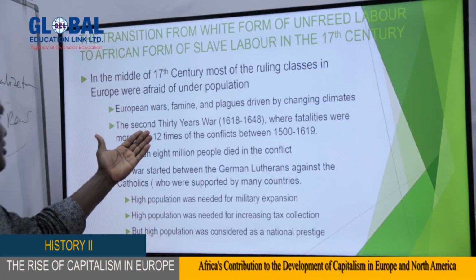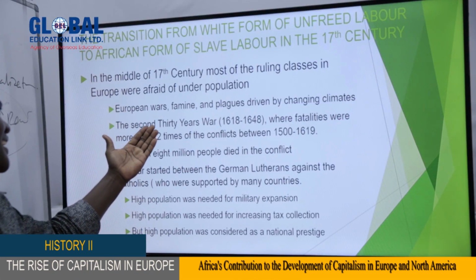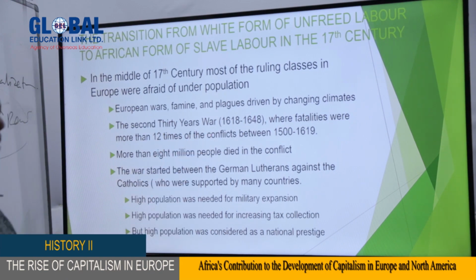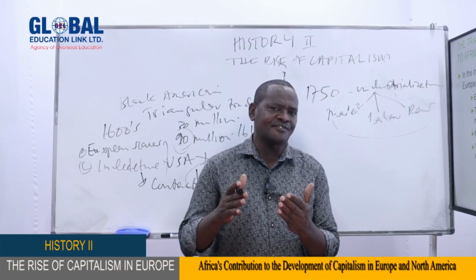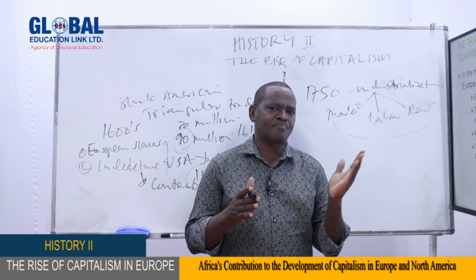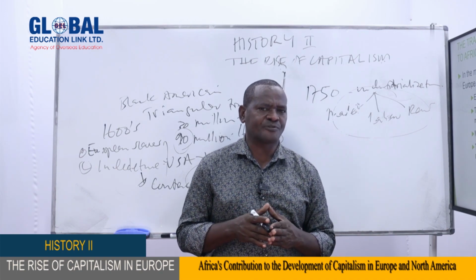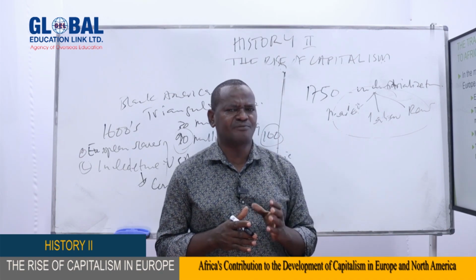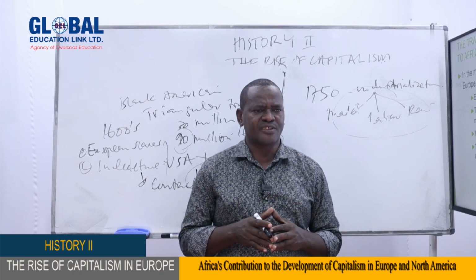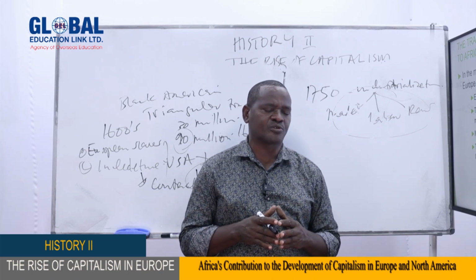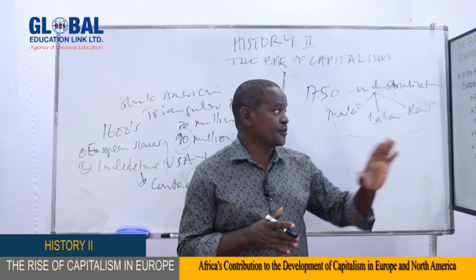For instance, one of the wars we call the Second Thirty Years' War, because we know there is the First Thirty Years' War, the one we discussed in the previous lesson, which was fought in Britain between 1455 and 1485, the war called the War of the Roses.